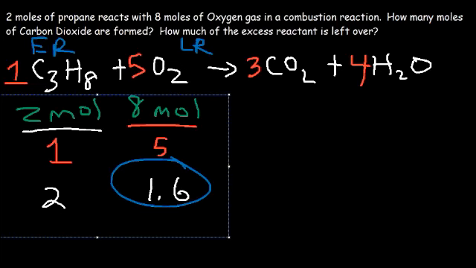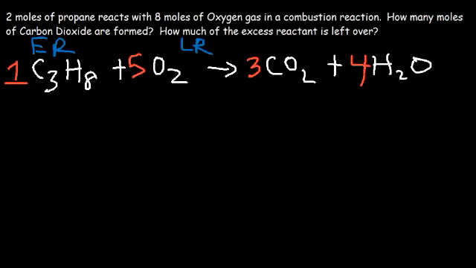Another way in which you can identify the limiting and the excess reactant is to calculate the theoretical yield, or the amount of product that can be formed in a reaction. The theoretical yield is the absolute maximum amount you can get in a reaction. So to answer the first part of the question, we need to find how many moles of carbon dioxide are formed.